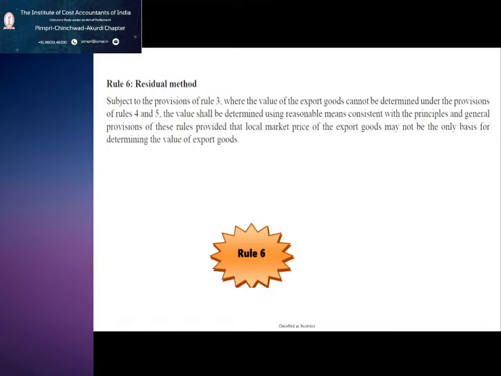Even in GST we have seen a residuary clause. So what is that residuary? If something is not covered in the above rules or sections, then we should go with reasonable means, with the guidance or recommendations of the officers. Same here, the residual method as well.